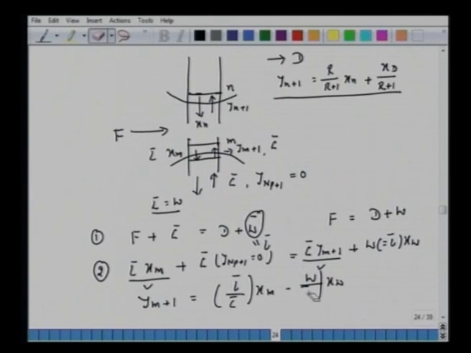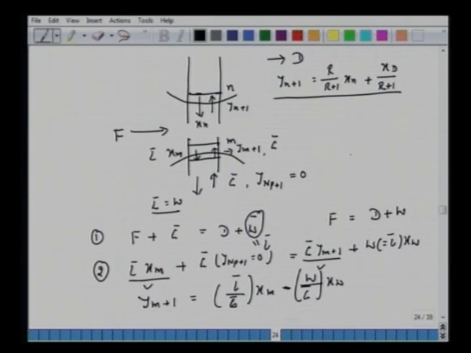Now let's compare with what we had earlier and what we have now. In the previous operating line equation, we had L bar by G bar and W by G bar, but L bar was not the same as W.